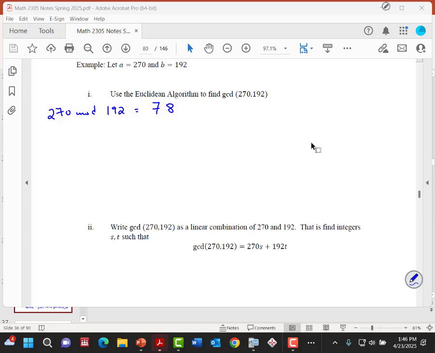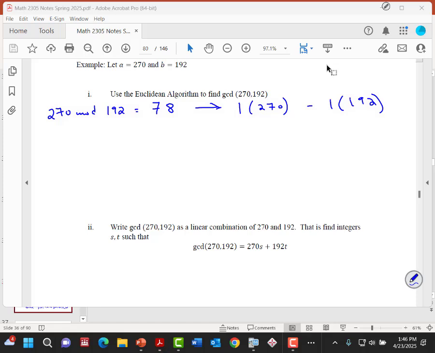And that is 78. Now, I want us to notice that I can write this 78 as 1 times 270 minus 1 times 192.